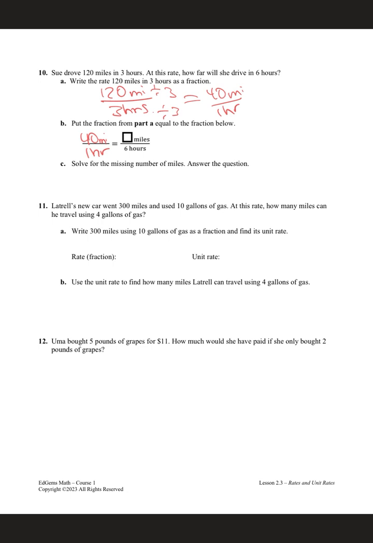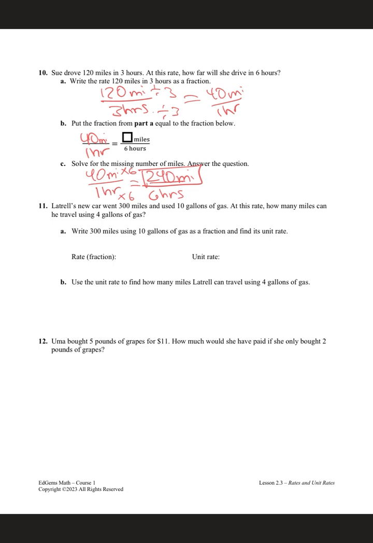So we've got 40 miles over 1 hour, and that's equal to 6 hours over I don't know how many miles. So 1 times what is 6? That is 6. And whatever I multiplied to the denominator, I multiplied to the numerator. And then 40 times 6 is 240 miles. And that's what I'm looking for.